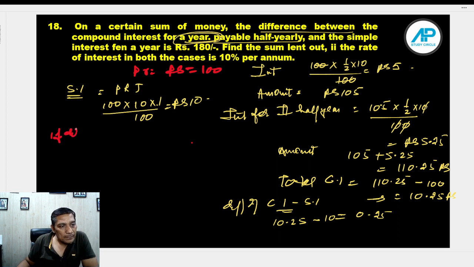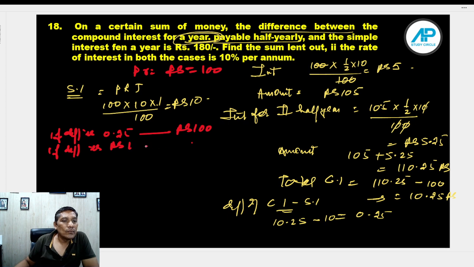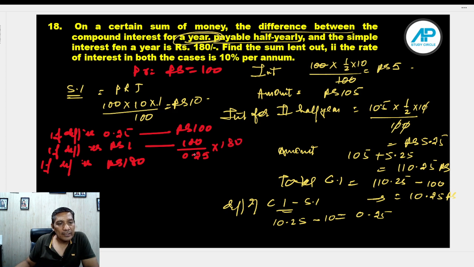If the difference is 0.25, the principal is rupees 100. If the difference is 1, the principal is, and if the difference is rupees 180, I multiply by 180 here, put double zero here.